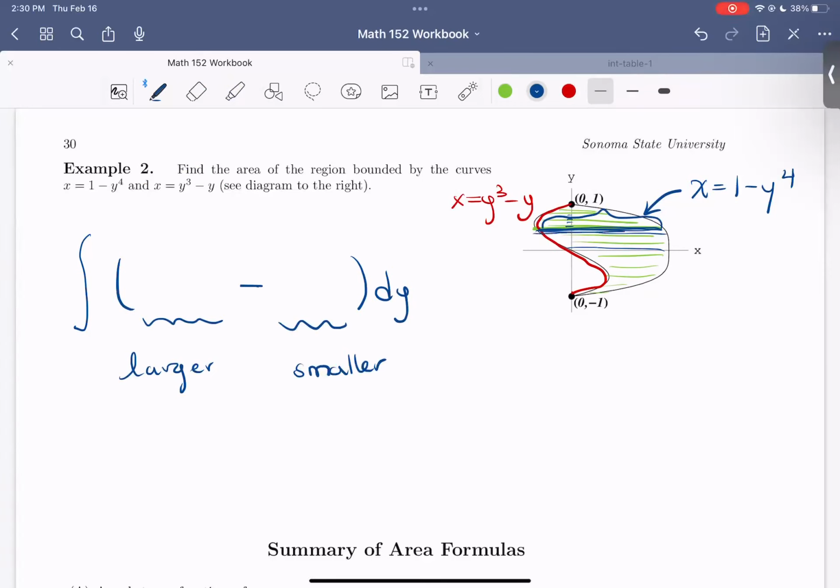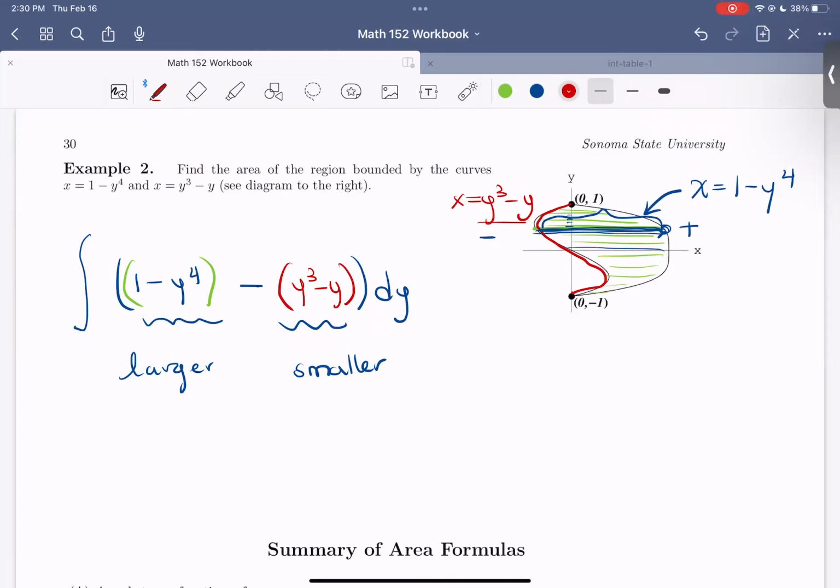Since we're orienting to the right, the right is positive or larger, and to the left is negative or smaller. We'd start with our function 1 minus y to the fourth, then subtract our function y cubed minus y.